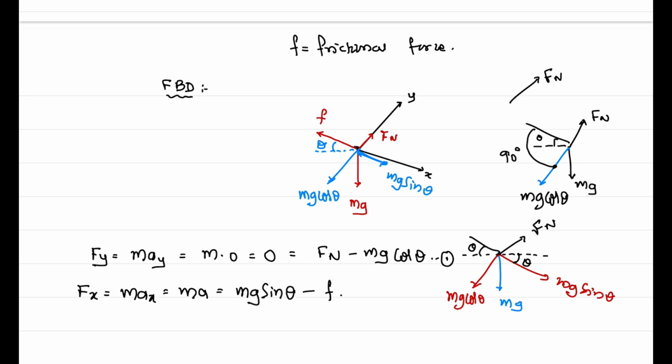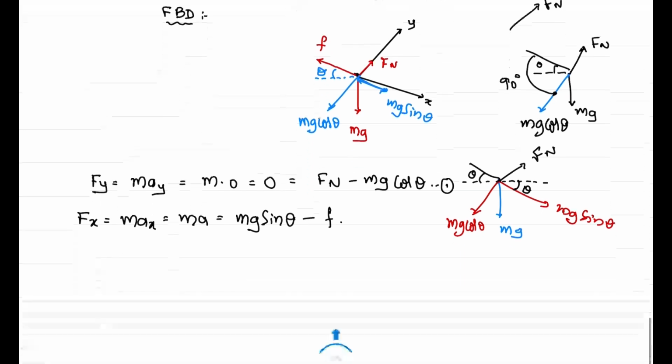I think up to this you have understood. From the above, normal force Fn is equal to mg cos theta and ma is equal to, in the x direction, mg sin theta minus F. Now what is that frictional force?